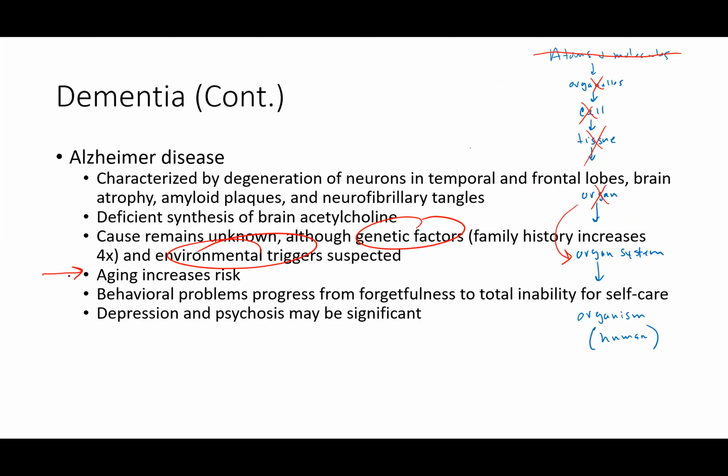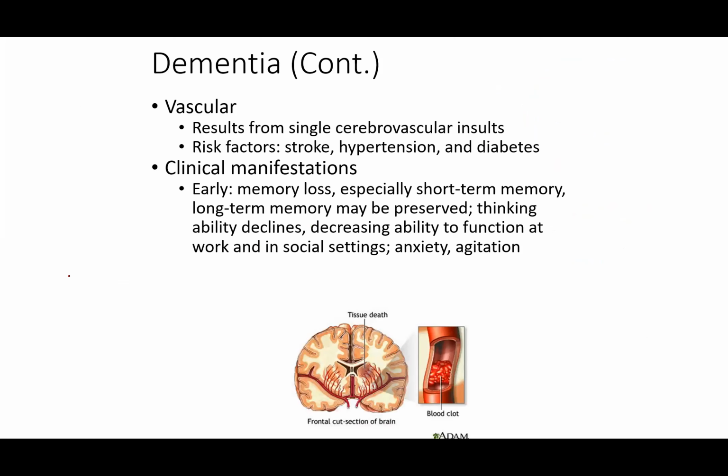Okay, behavioral problems and forgetfulness kind of are early signs and symptoms. Depression can be there. Okay, then at some point, they get a brain scan and you can start to see what they like to call hot spots. Okay, different hot spots in the brain that are alluding to tissue death.